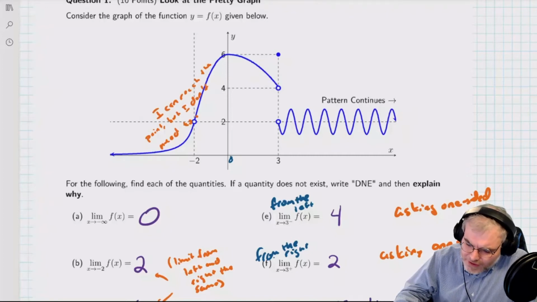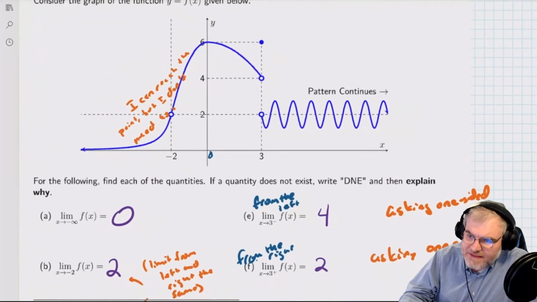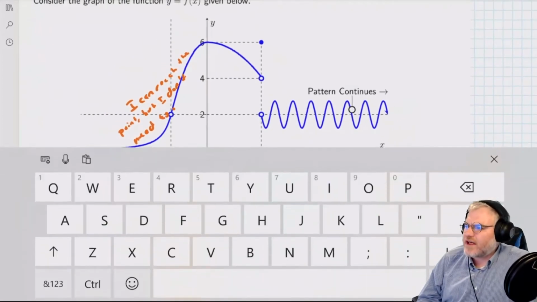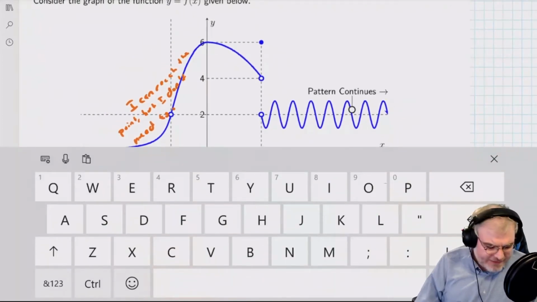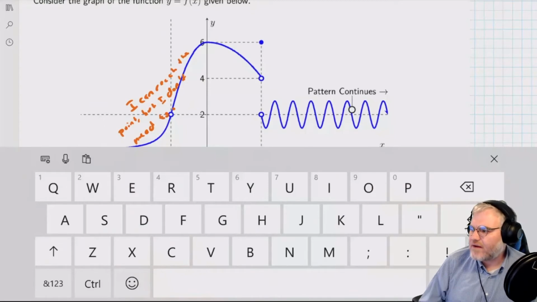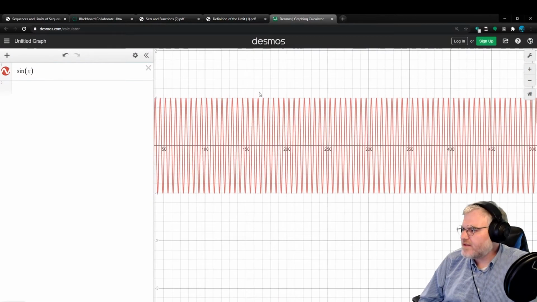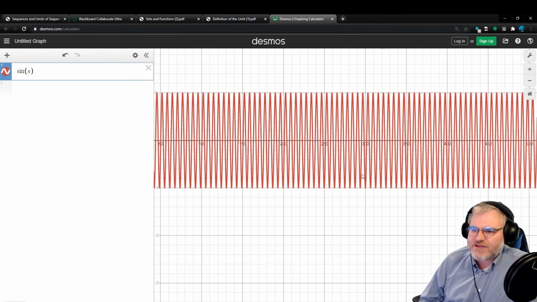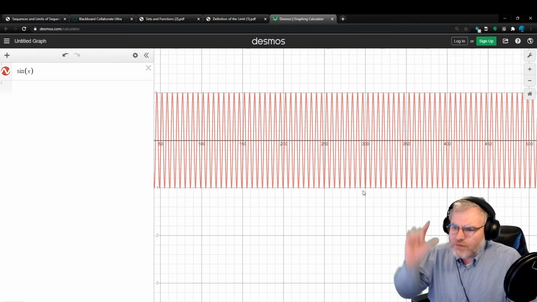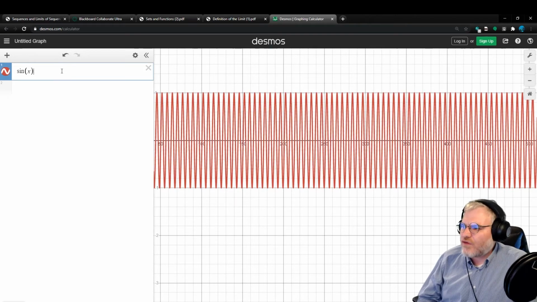So here this side never settles. Let's look at another function. Let's look at sine of x. Here's sine of x. Sine of x never settles. There's no getting smaller and smaller, whereas sine of x over x does settle.